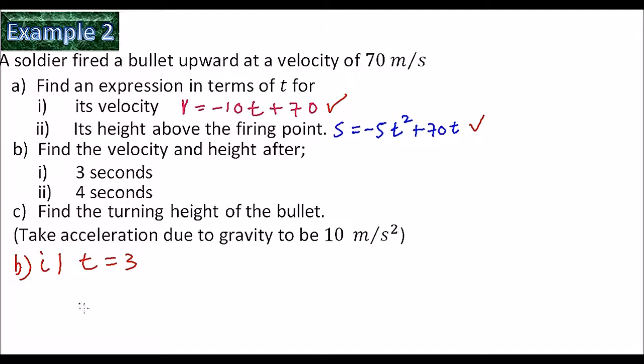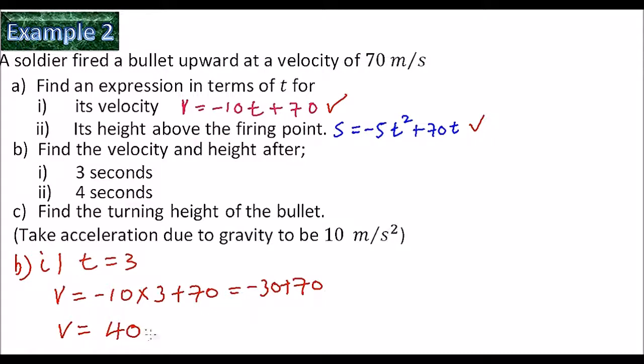We just substitute in for velocity: v is equal to minus 10 multiplied by t, which is 3, plus 70. So this will give you minus 30 plus 70, and therefore the velocity after 3 seconds is 40 meters per second.